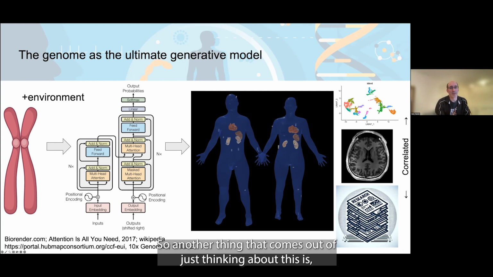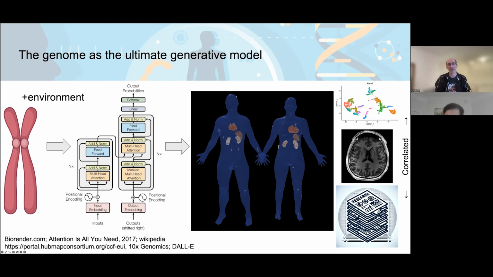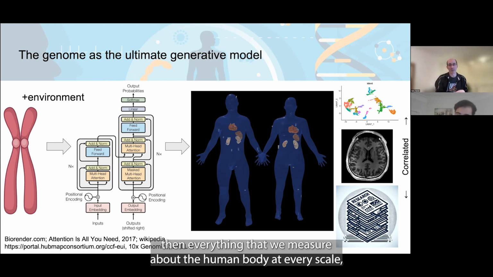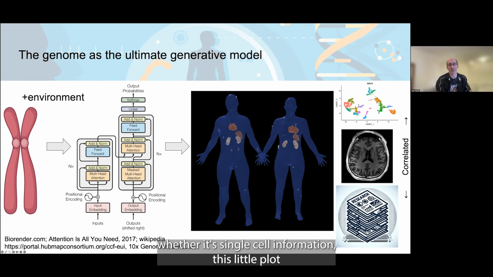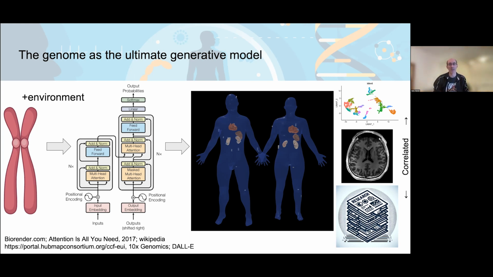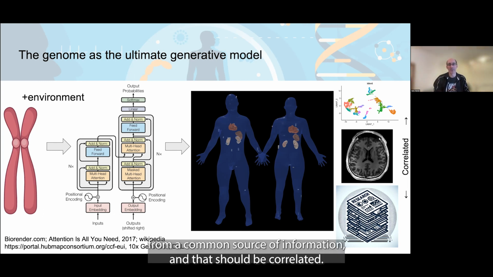Another thing that comes out of thinking about the genome as the ultimate generative model is that if the genome plus the environment gives rise to the human body, then everything that we measure about the human body at every scale, whether it's single cell information, this little plot is a bunch of different cells and their relationships to each other based on their similar gene expression profiles, MRI images, or even all of the text that is written in publications about how the human body works at any scale, it all derives from the genome, from a common source of information, and thus should be correlated.